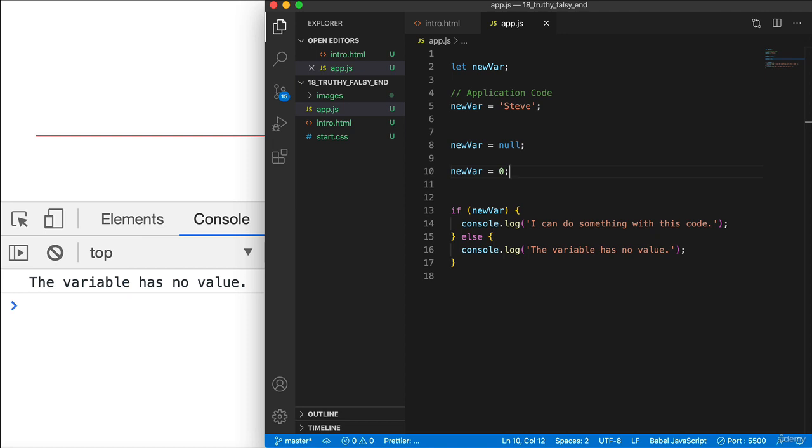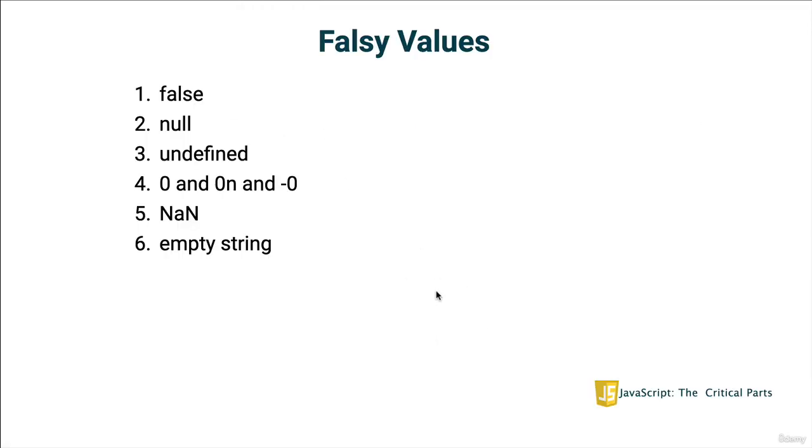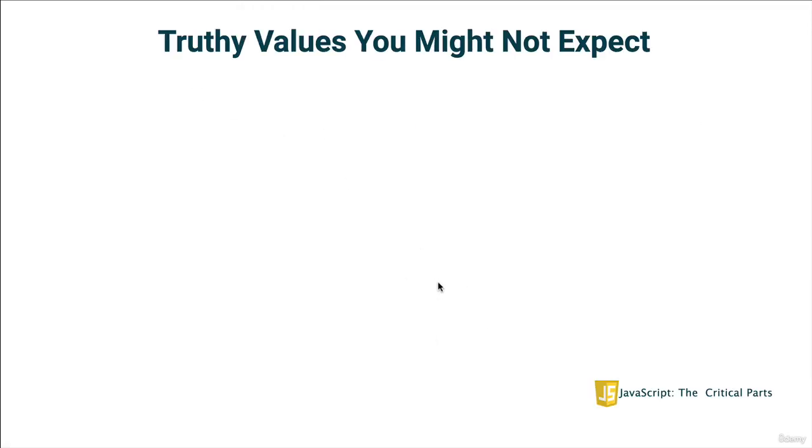Now, in order to appropriately use this falsy and truthy concept in JavaScript, there's one more thing I want to show you. You need to understand some of the truthy values that you may not expect. So we have our falsy values here, but let's look at some truthy values that you may not think are truthy. An empty object. Nothing is inside an object.